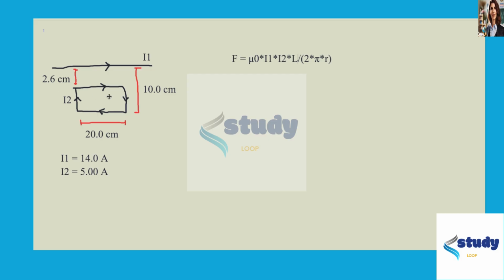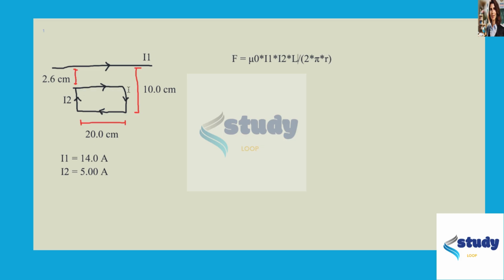One will be negative and one will be positive, so they're essentially just going to cancel out. We can just ignore these two vertical parts of the loop because they're not going to contribute anything to the force.